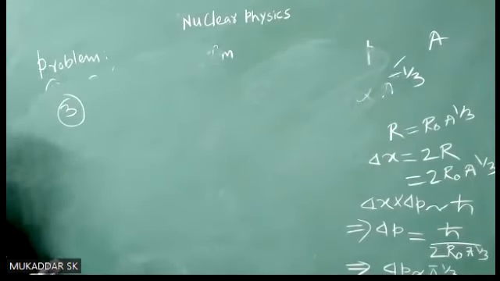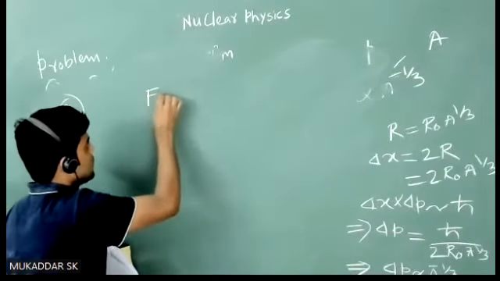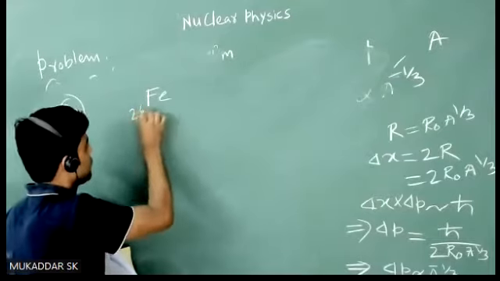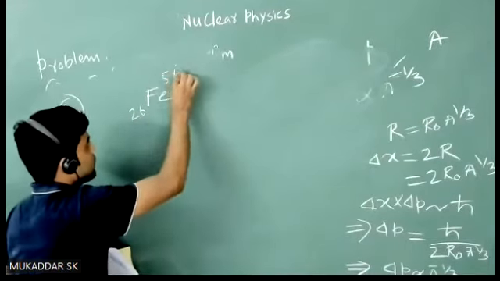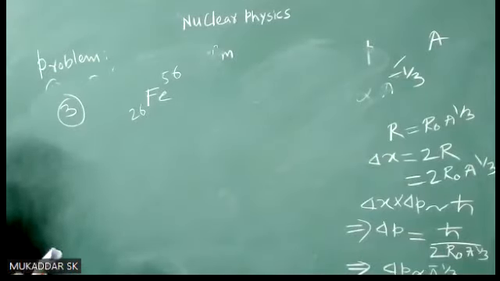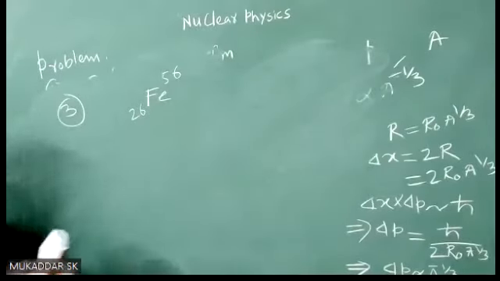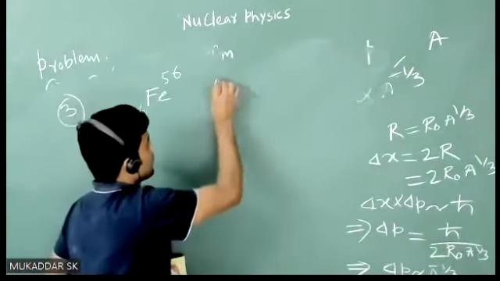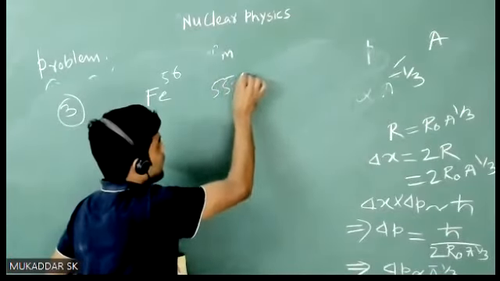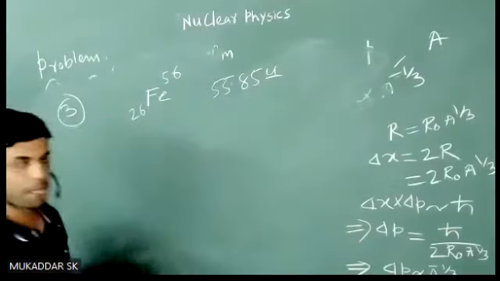Given that the nuclear mass of iron, atomic number 26, mass number 56, Fe 2656, is 55.85 U. U means atomic mass unit.